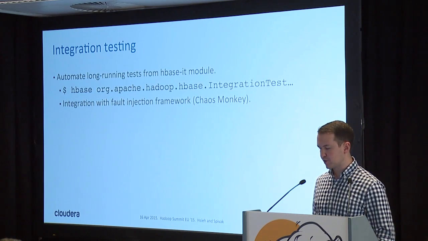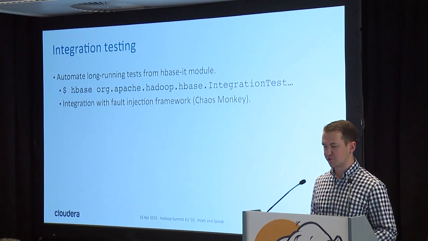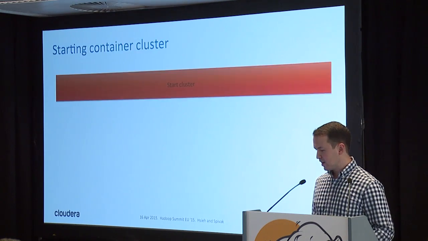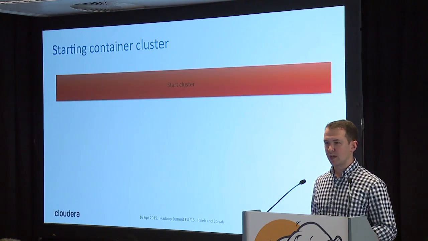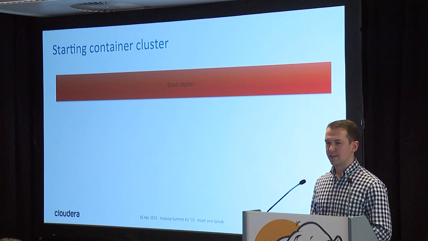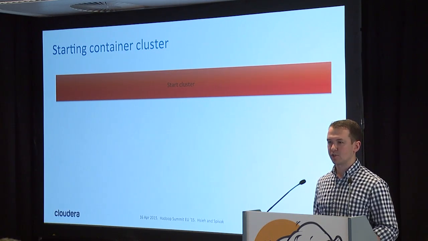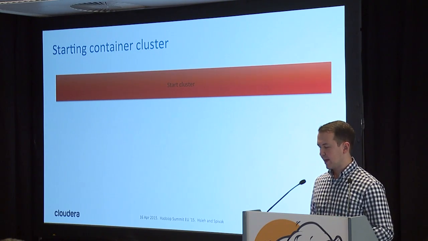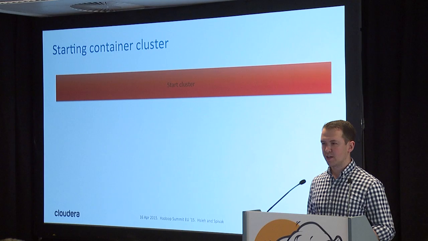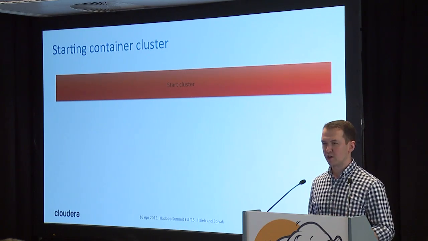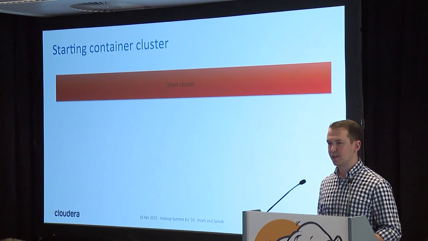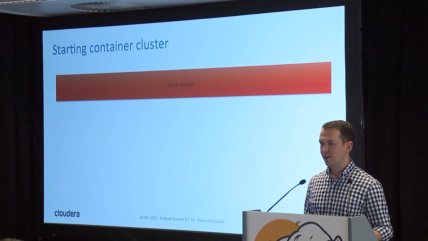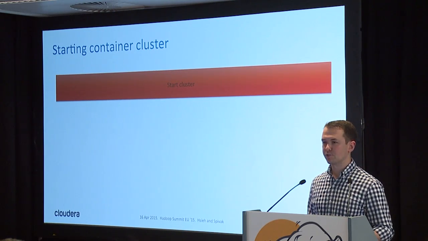So how do we do integration testing with what I've just described, and how does this relate to Docker? What we basically do is, as I said, we want to start with a single host and stand up a full distributed HBase cluster on that host. And the way we do it is by running a simple command called start cluster. Anybody that uses Docker knows that one of the main shortcomings of Docker that's being worked on a lot in the upstream community is orchestration of containers across hosts, okay?